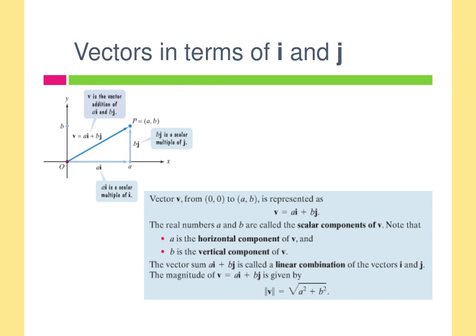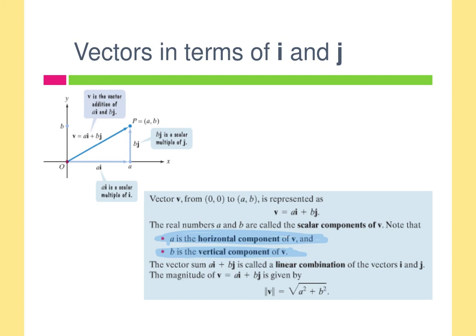Okay, so now everything we just did in component form, we're now going to put in a form called ij. I represents the change in x, or the horizontal component. J is next to the change in y.